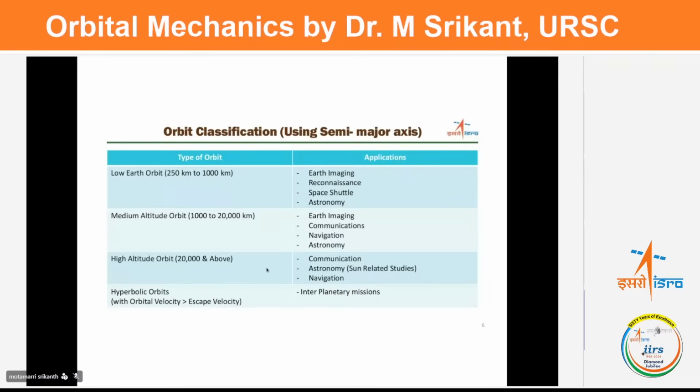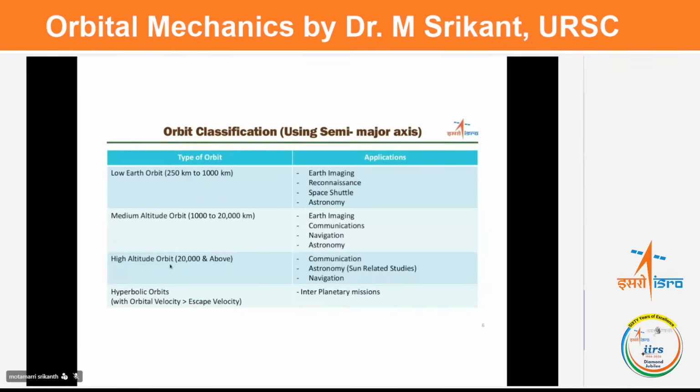Now the applications. We understood how the orbits are. With respect to the altitude of the satellite, low Earth orbit can be from 250 to 1000 kilometers. Majorly the applications are Earth imaging, reconnaissance, space shuttle, and astronomy. Then MEO orbits, from 1000 kilometers to 20,000 kilometers, are also used for Earth imaging, communications, navigation, and astronomy.